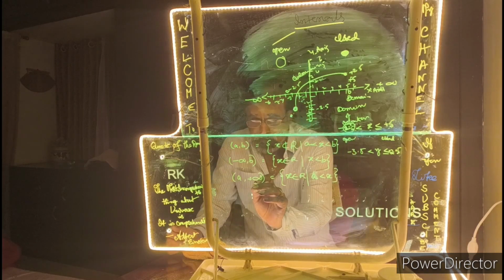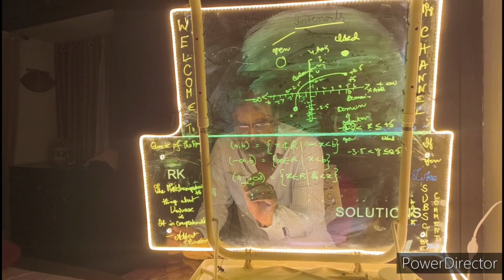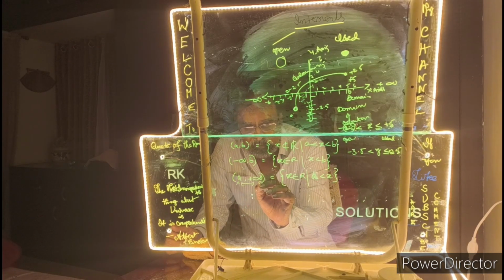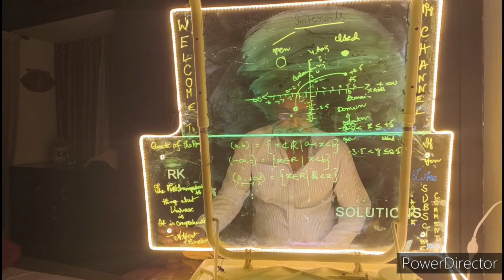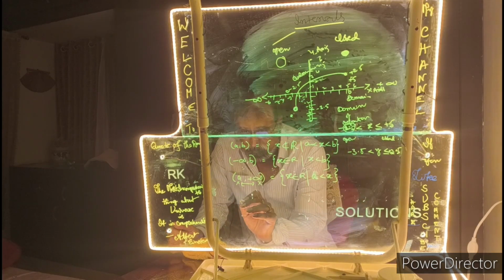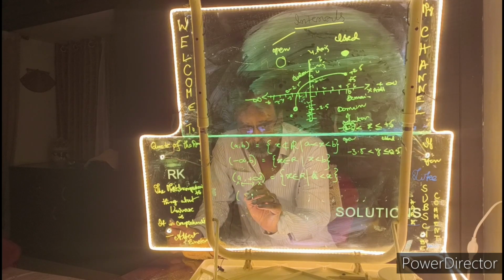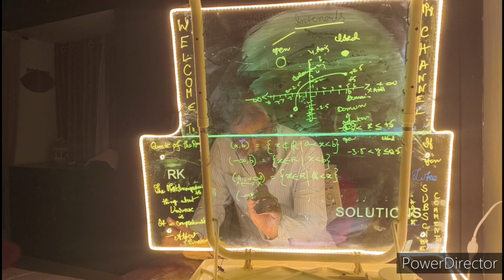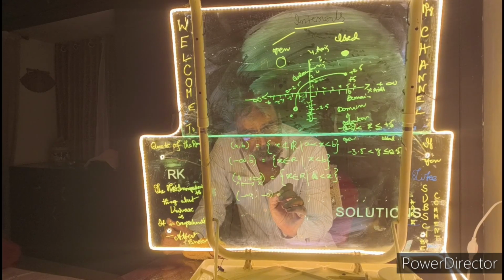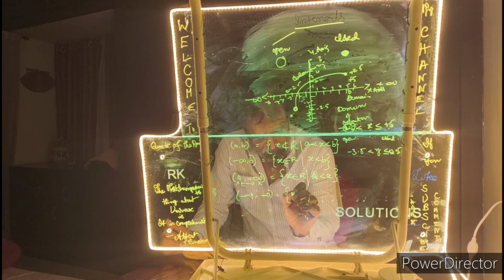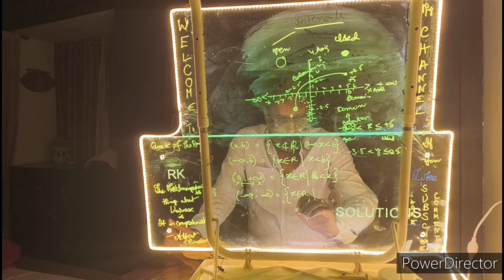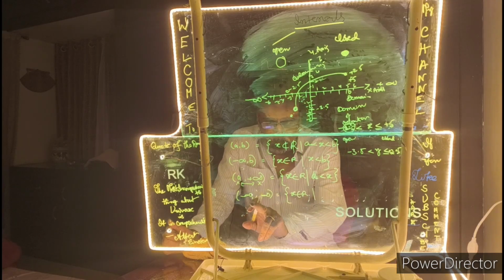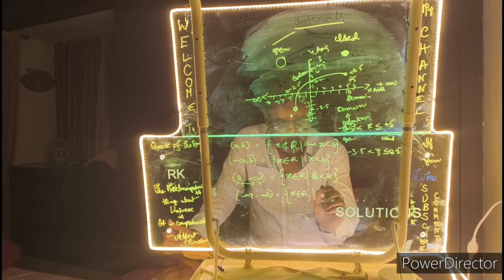From A to infinity, it will take, but it will not take A or B. Open it. So the other one will be naturally minus infinity to plus infinity, meaning x belongs to R, minus infinity to infinity.